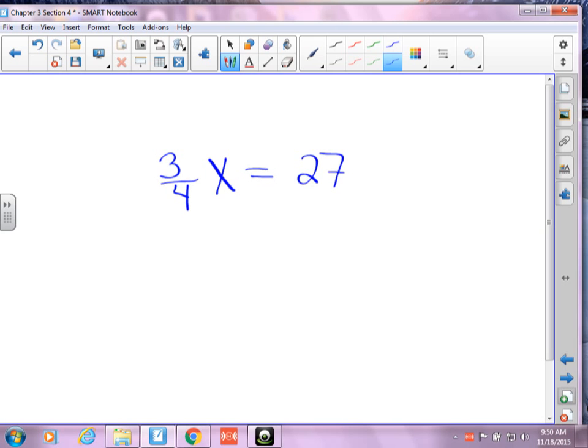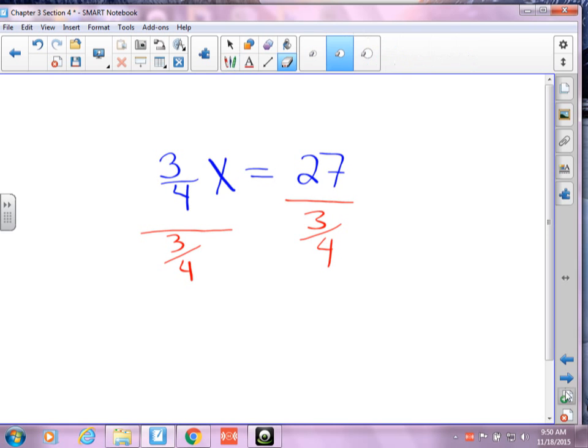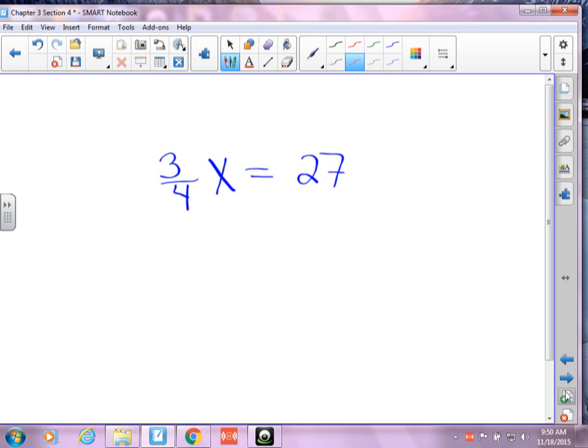Remember how I said a lot of students like to do this? And remember how I said that's taboo, we don't like to do that. You don't do fractions within fractions. And so remember yesterday we talked about doing what? Yes. You have to inverse that.